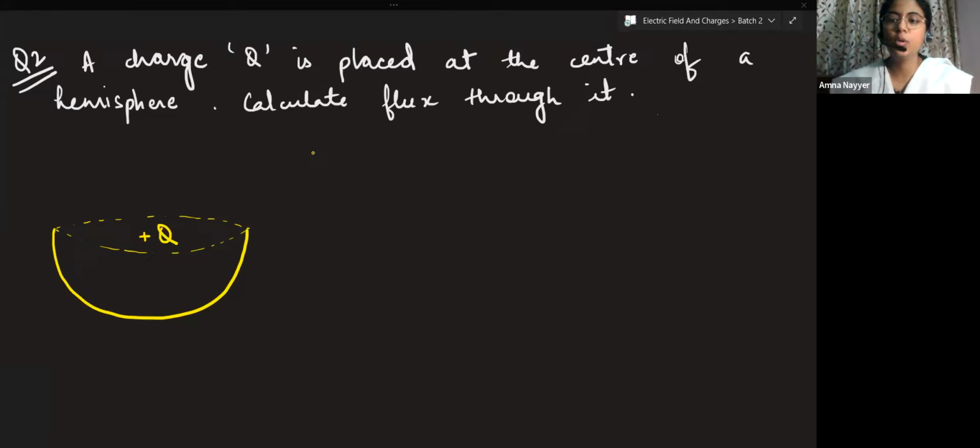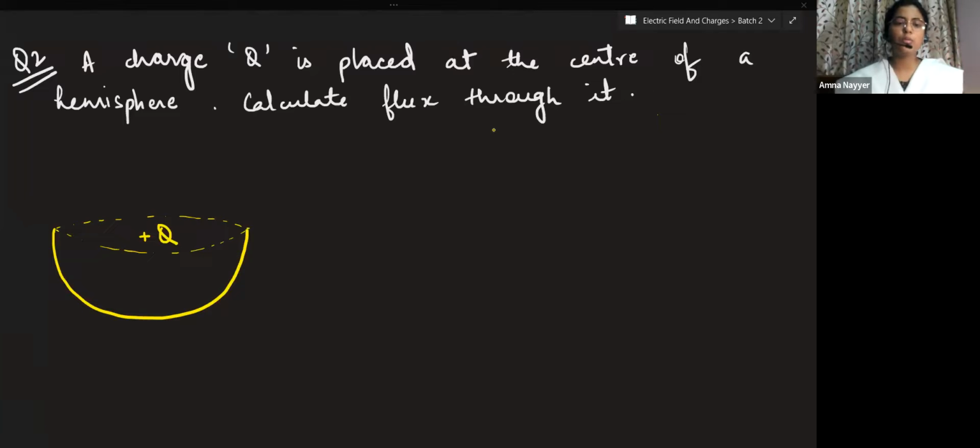See, Q is placed at the center of a hemisphere. When Q is placed at the center of a hemisphere, is it a closed surface? No. Fatima, Zaid, and Krishna all have given the same answer. It won't be Q by epsilon naught. See how it won't be Q by epsilon naught. Q is placed in this hemisphere. This is not a closed surface. This is the open surface that we have. What is the condition for Gauss law? For Gauss law, we need a closed surface.